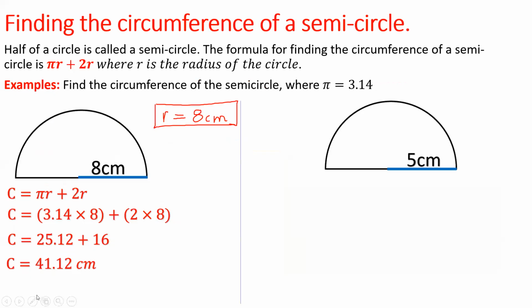All right, do that please and put your answer inside the chat. Again, find the circumference of the semicircle where the radius is 5 centimeters. Do that for me, please. And once you're done, put your answer inside the chat.